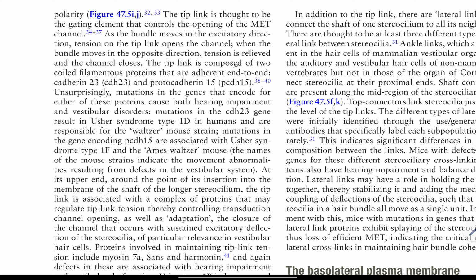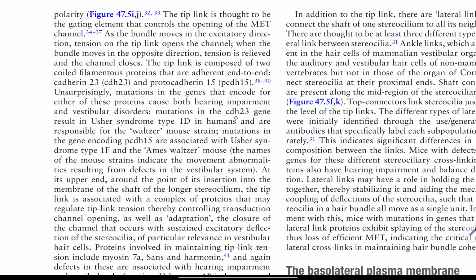The tip link is composed of two coiled filamentous proteins that are adherent end to end: cadherin 23, CDH23, and protocadherin 15, PCDH15. Unsurprisingly, mutations in the genes that encode for either of these proteins cause both hearing impairment and vestibular disorders.